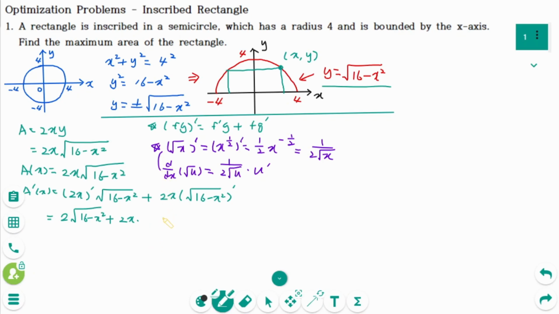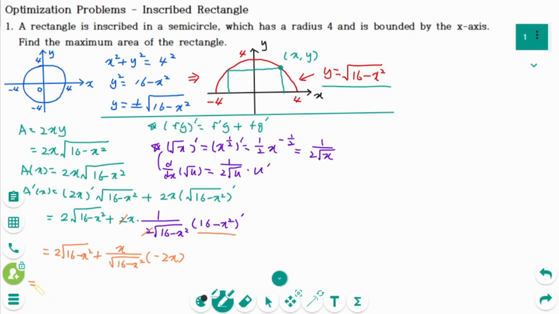Then back to the original, 1 over 2 square root of 16 minus x squared times (16 minus x squared)' equals 2 square root of 16 minus x squared plus 2x over 2 square root of 16 minus x squared, the 2 is cancelled, times (16 minus x squared)', which is minus 2x.